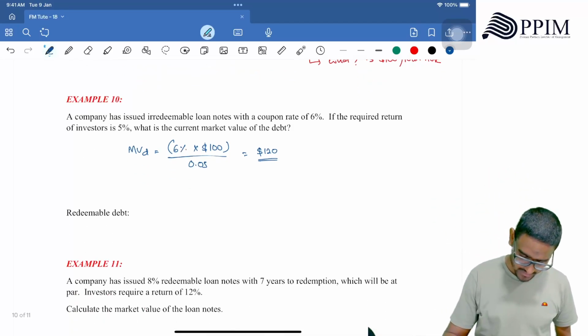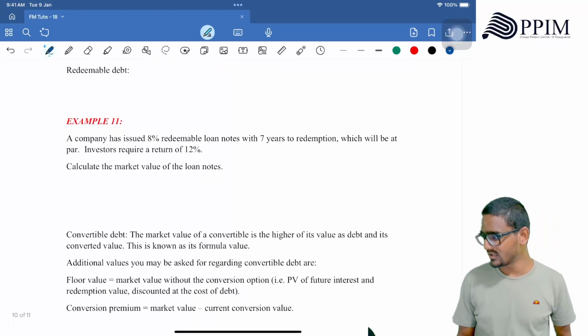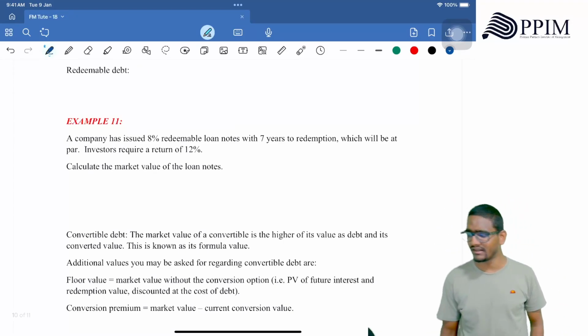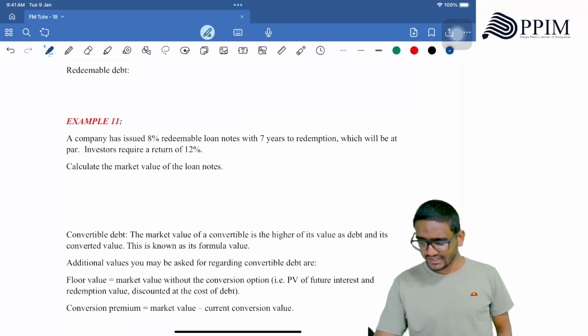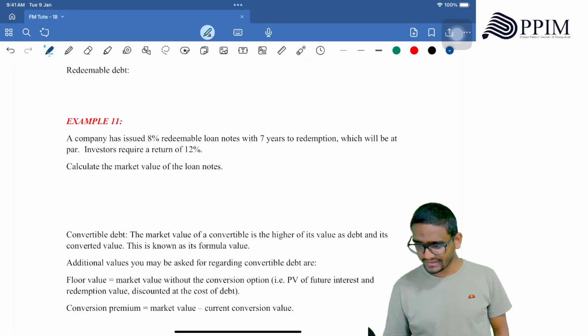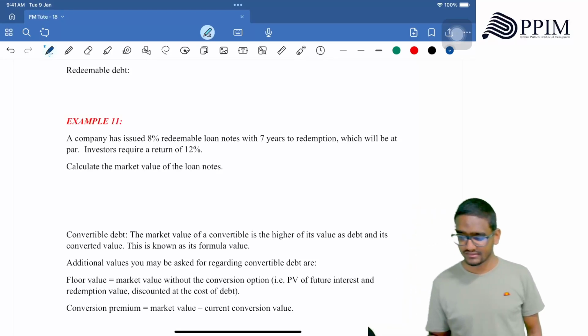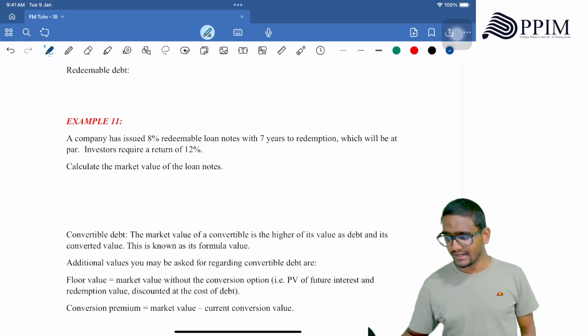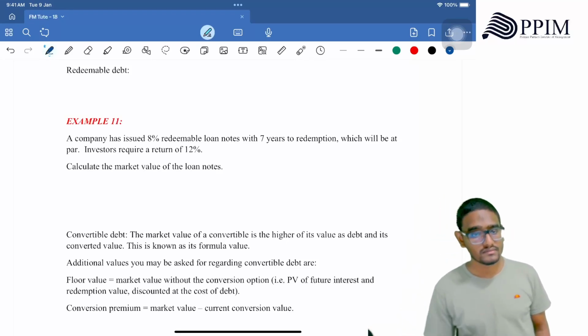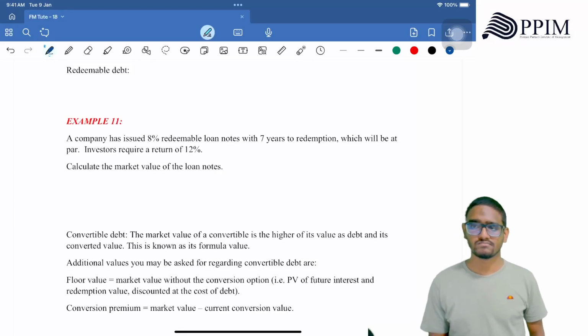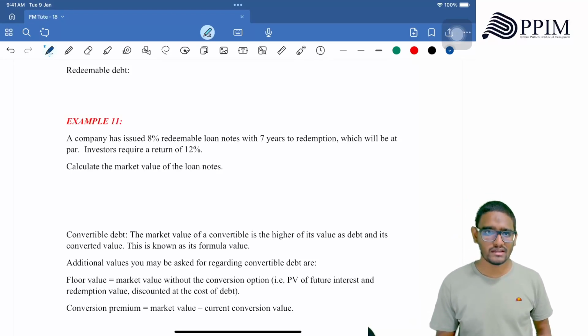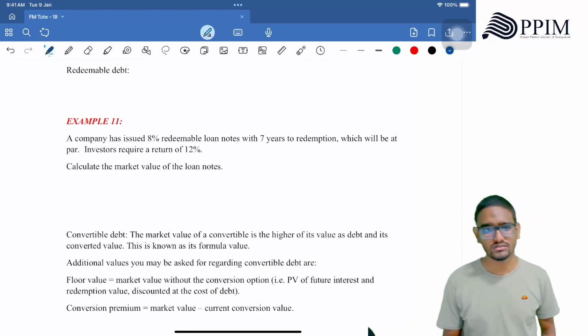Okay. Then you come to redeemable debt. So what is redeemable debt? Give me the main characteristic of redeemable debt. Redeemed at a premium, cannot be the only answer.